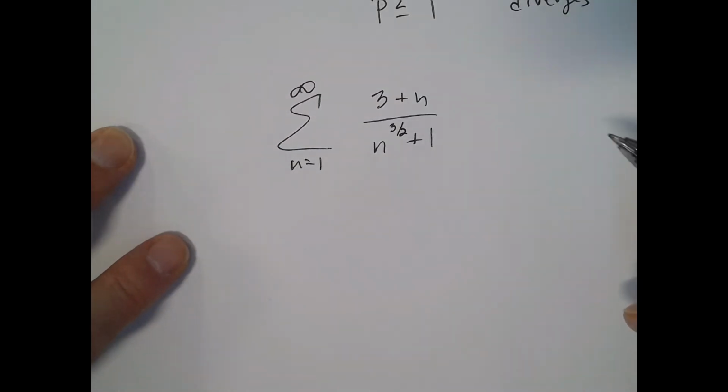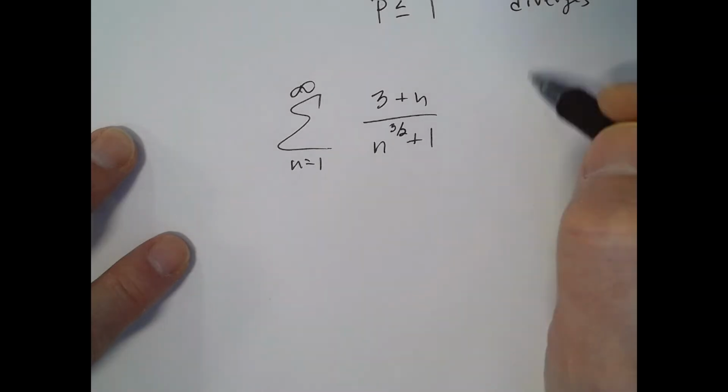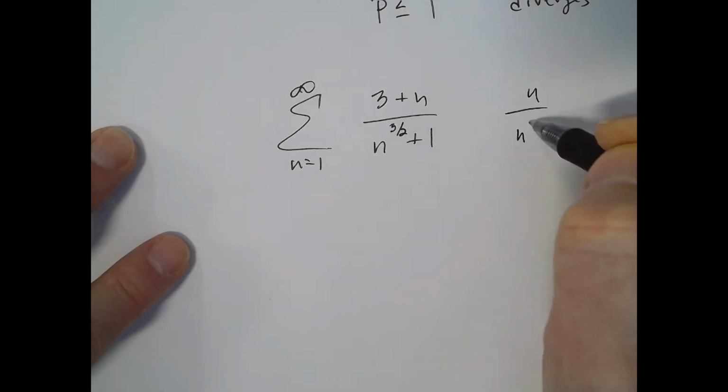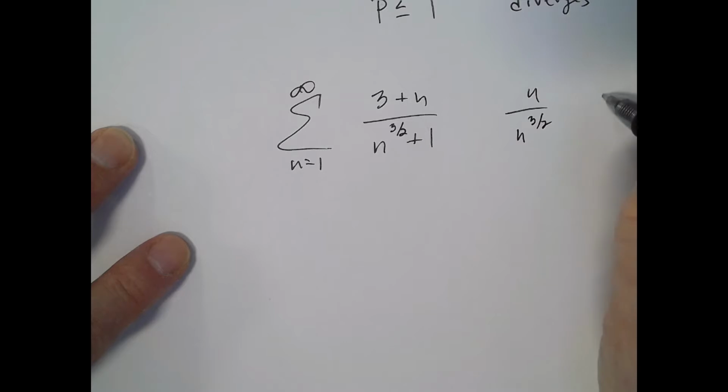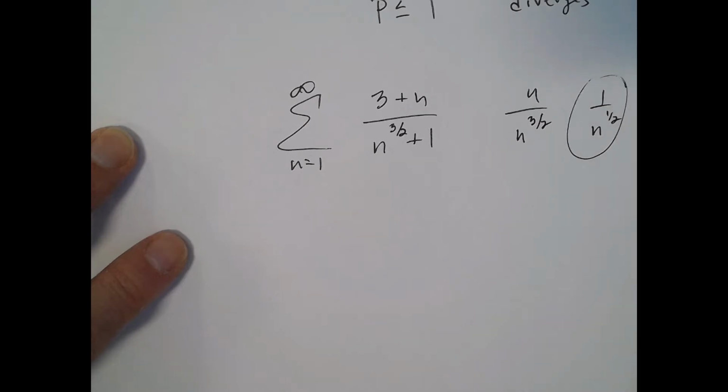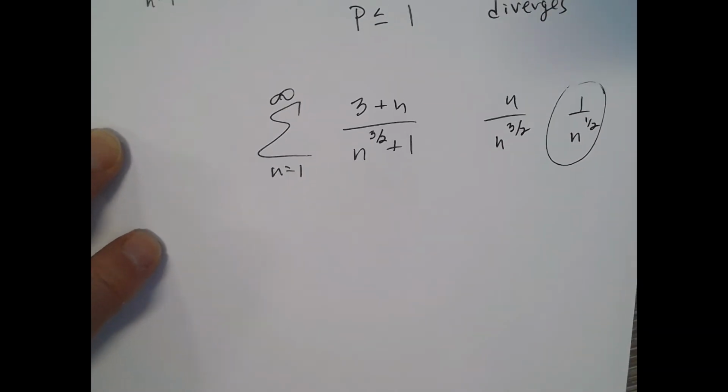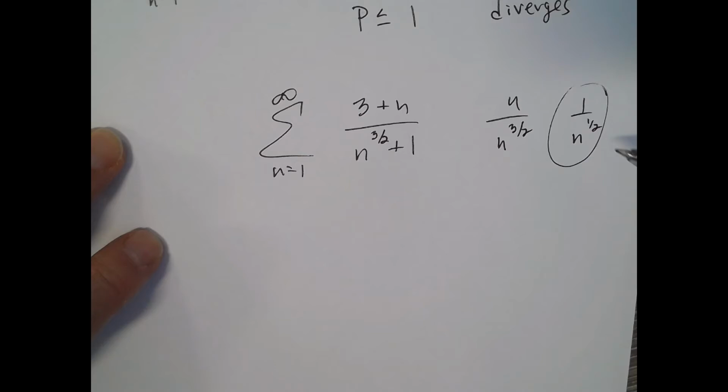Find the biggest degree on top over the biggest degree on the bottom, and it simplifies to 1 over n to the 1/2. This is what you're going to compare it to. What do I know about that series as it goes to infinity? It diverges because p is 1/2, which is less than 1.